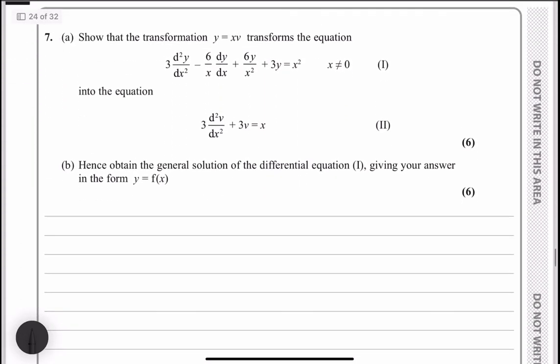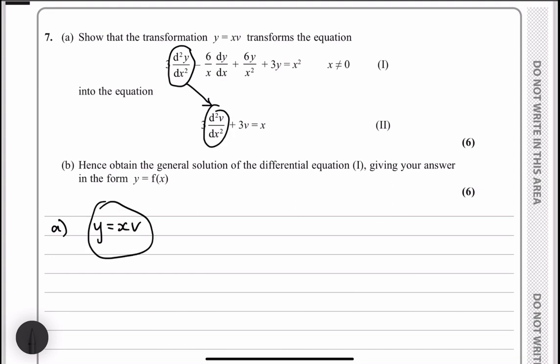Question 7. Show that the transformation y equals xv transforms this equation into the much simpler equation with v and x. So let's start this one with y equals xv, and because we need dy by dx changing into dv by dx, I'm just going to differentiate this.